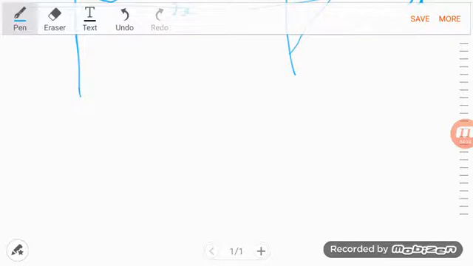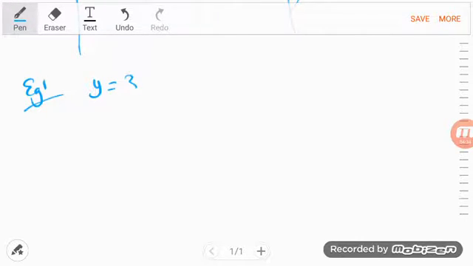Okay, let's do a couple of examples, shall we? Let's say that we have some equation. Y is equal to 3x to the power of 4 minus 2x to the power of 3 plus x squared minus 5x plus 10.